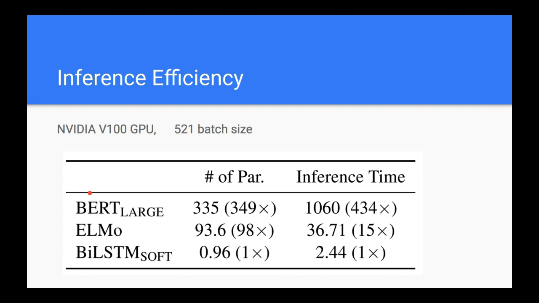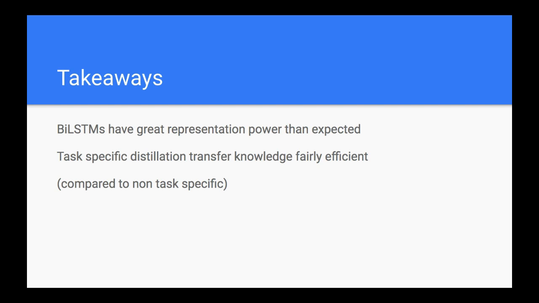As for why, you can look into the BERT paper and you will find out, and you can also do experiments by yourself. Okay, so the takeaway is that the bidirectional LSTM has much greater representation power than we expected.